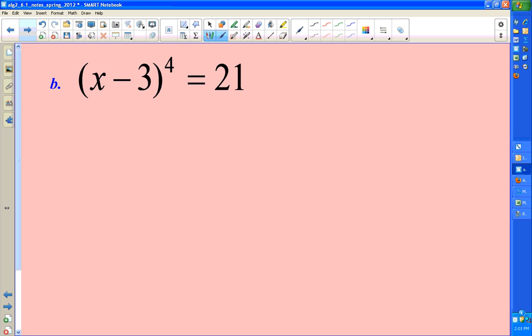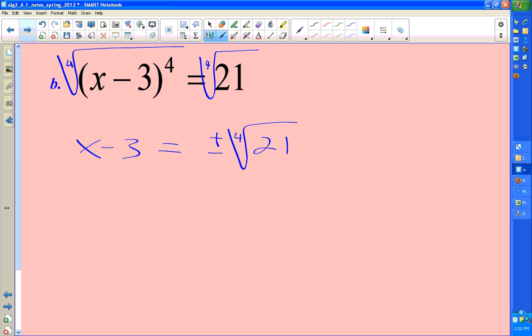4th root of, absolutely. That's 4th root both sides. If you do that, what do we get on the left? Careful now. What do you get on the right? Fourth root 21.